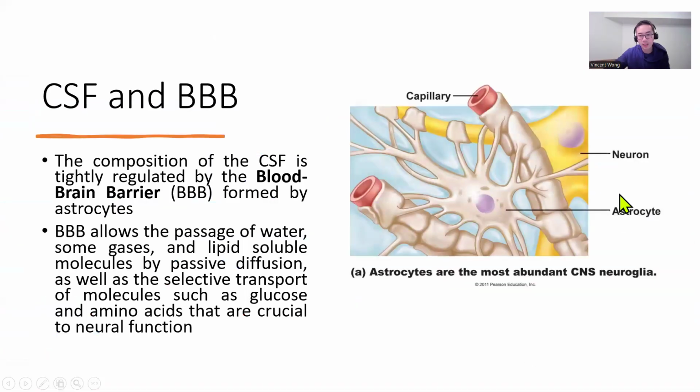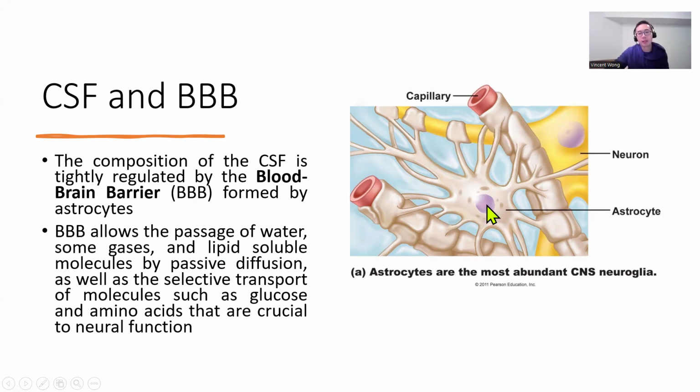then you get what the picture shows here, right? The entire blood vessel is actually covered by the feet of the astrocyte, and so is the neuron, and therefore it forms the blood-brain barrier in the sense that nothing comes out of the blood vessels unless it is being allowed by the astrocyte, and then the neuron is also shielded that way.